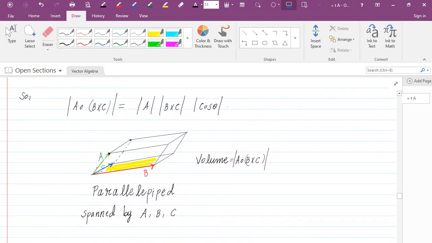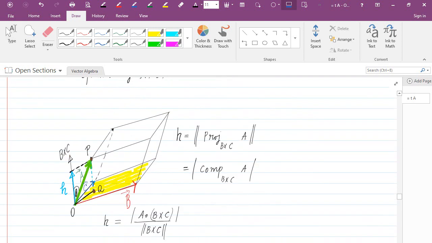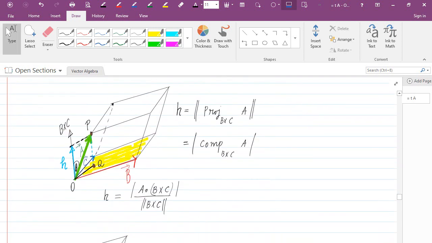Now, why is that the case? Why do we get volume from this scalar triple product? Well, let's see. We have this parallelepiped spanned by the three vectors A, B, and C. To find the volume, we need to find the height of the box.